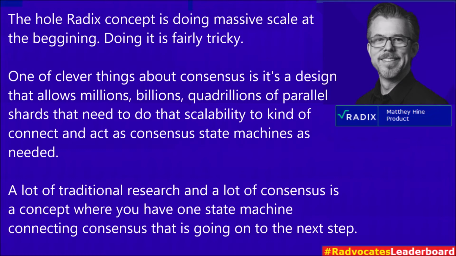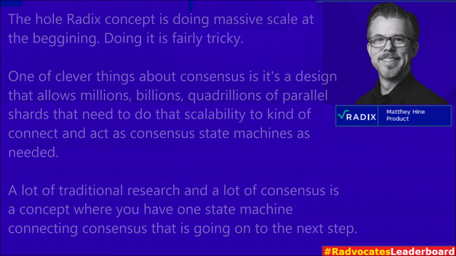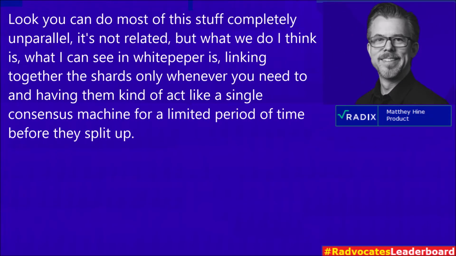Whereas in a lot of the traditional research on consensus, you have one state machine, it's conducting consensus, it's going on to the next step, very blockchain-like. This is saying, look, you can do most of this stuff completely in parallel, it's not related. What we do, as you'll see in the white paper, is link these shards together only whenever you need to, having them act like a single consensus machine for a limited period of time before they split up.